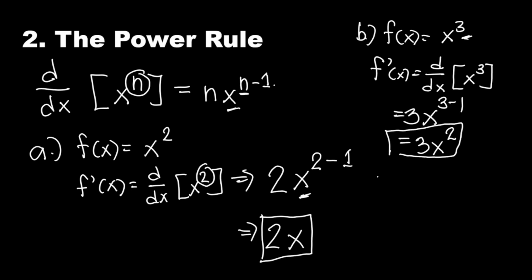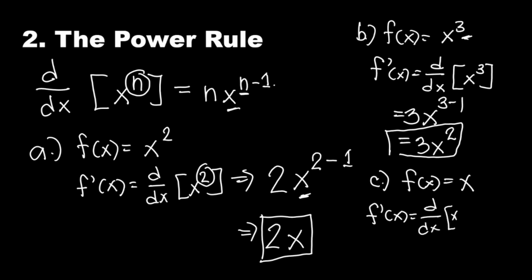So letter C, f of x. How about yung derivative ng x natin? So f prime of x is equals to d over dx of x, which means ang exponent kasi natin dyan is 1. So bababa mo yung 1.